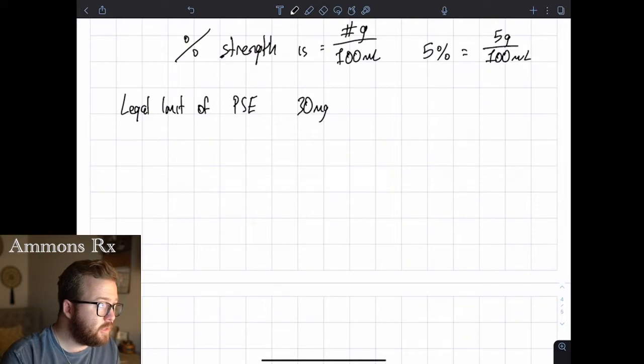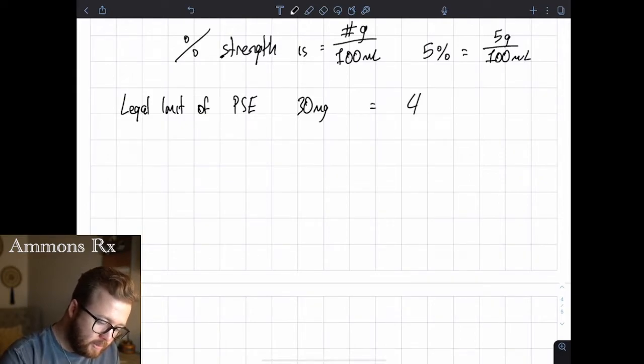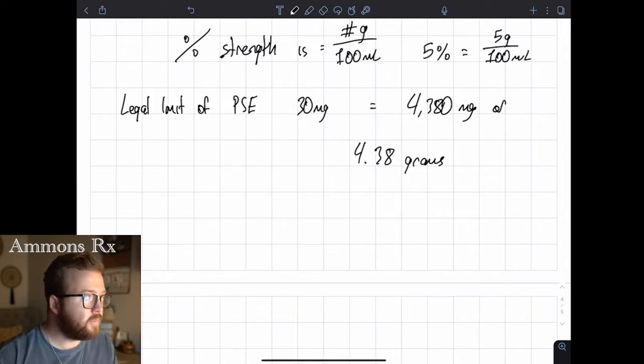So that would just be 3,600 divided by 30. So the limit, 4,380 milligrams, or 4.38 grams. Okay.